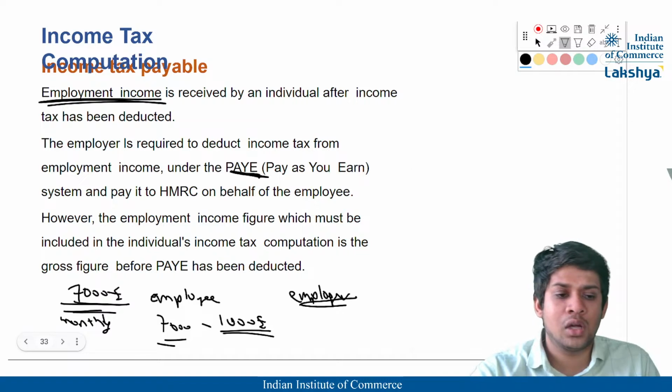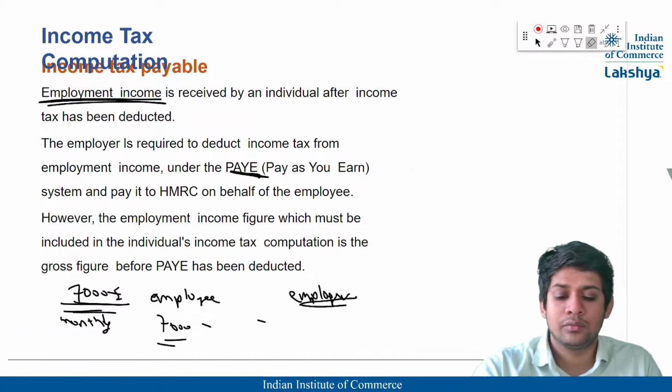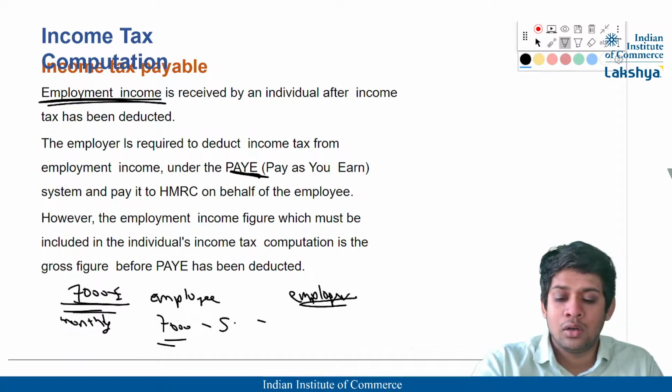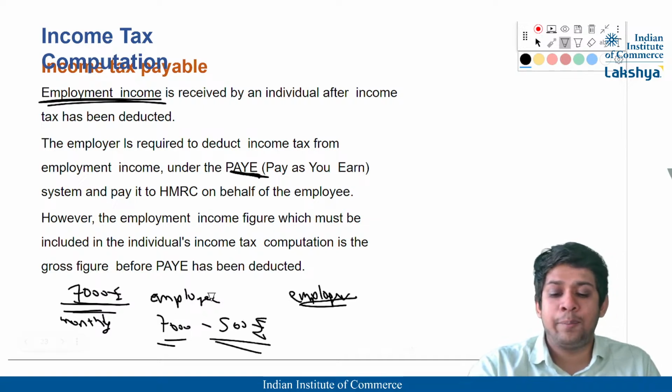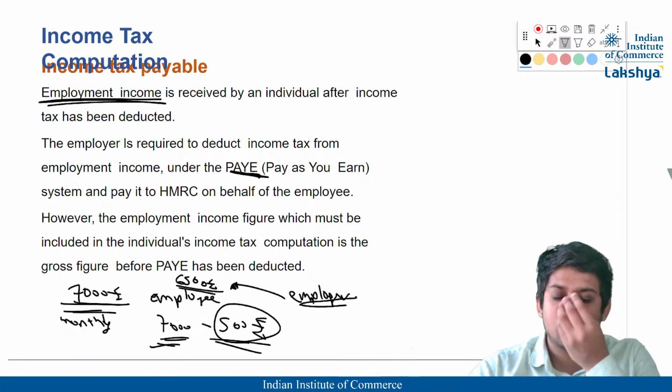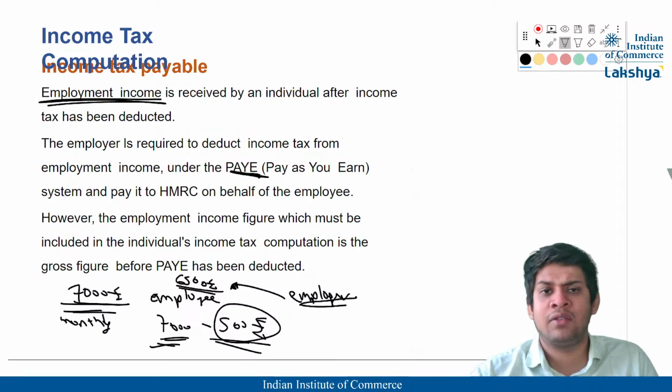Not 1,000 pounds, I'll reduce it to 500 pounds. So the employee earns the salary of 7,000, but the employer will pay the employee the reduced amount, only 6,500 pounds monthly, and collect 500 pounds of tax on the employee's behalf every month.